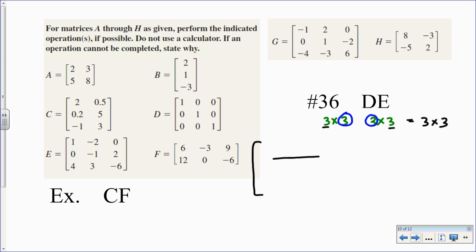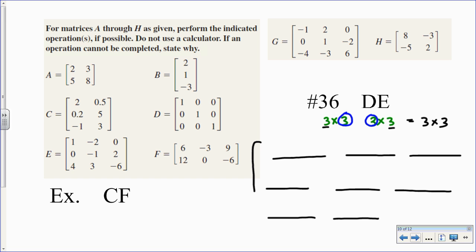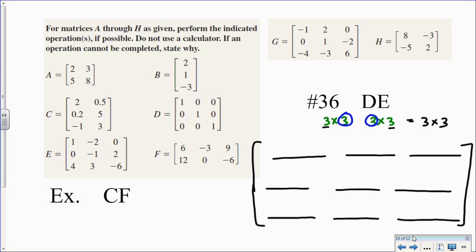Now you're going to need a lot of space. And I need another row. And I'm going to copy down D and E up here just so I have them next to each other.